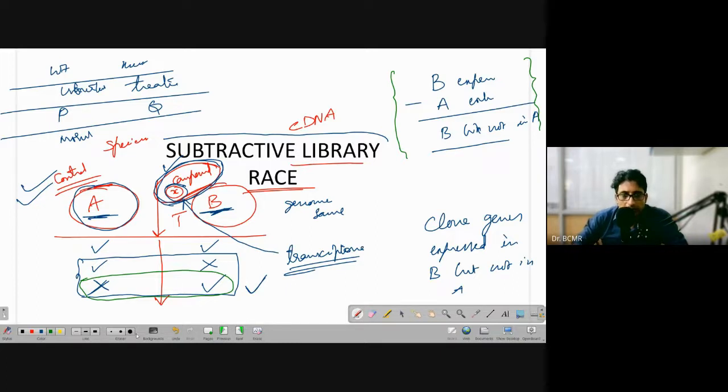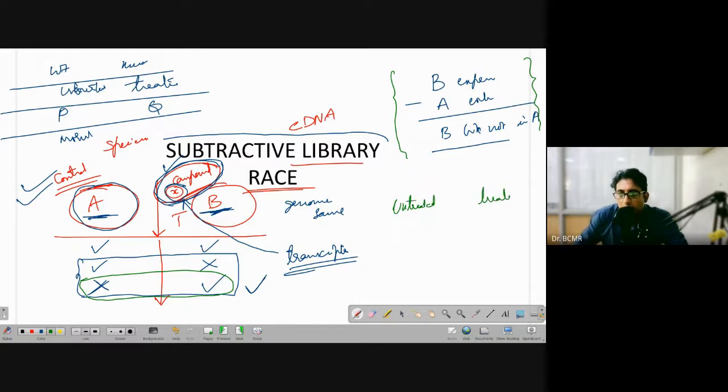As I told you yesterday, I hope you will remember that it's not only about treatment. It can be used to do several things. One is treated and untreated cells. Untreated and treated is one way you can do it. You can collect the mRNA, make the cDNA, and then identify. We can also do something like cell type A and cell type B, right?